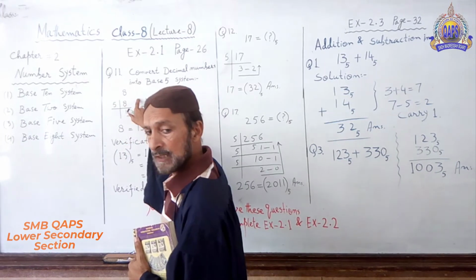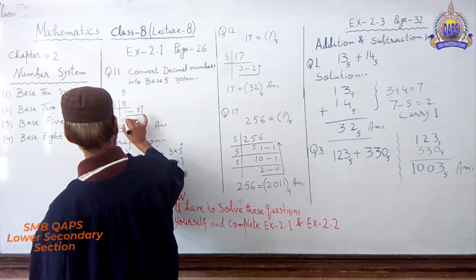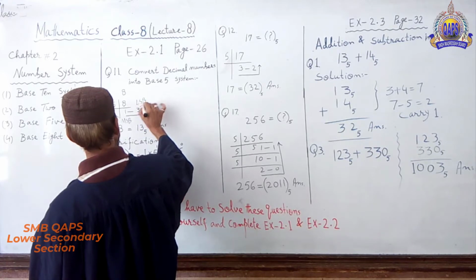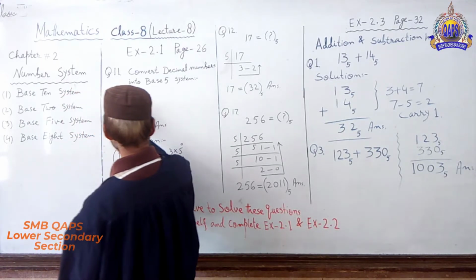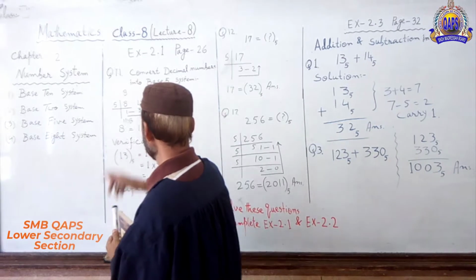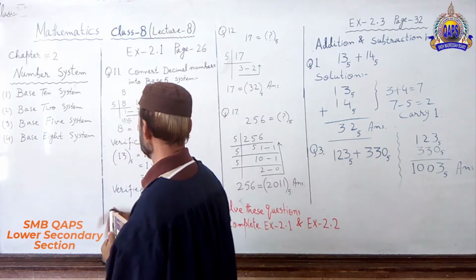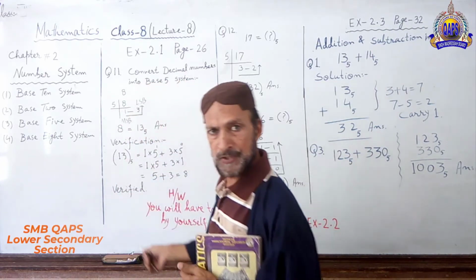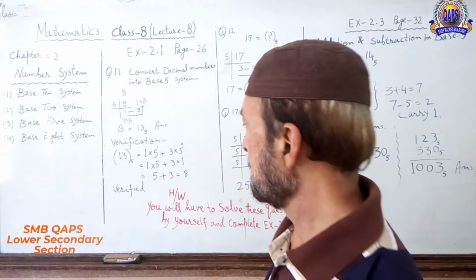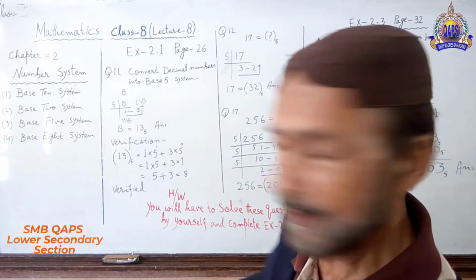MSB, LSB, most significant bit, least significant bit: 1 3. So decimal number 8 is equal to 1 3 base 5. Verification. You know it very well. That's why I wrote your homework over here.